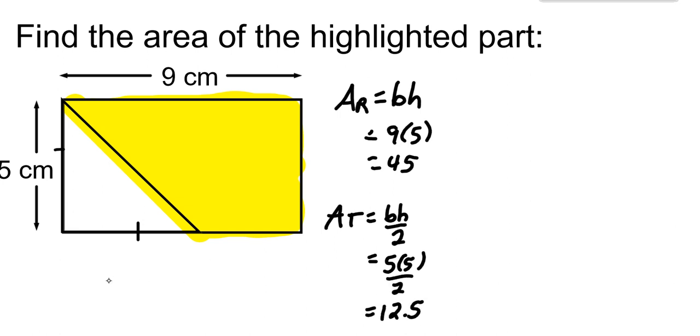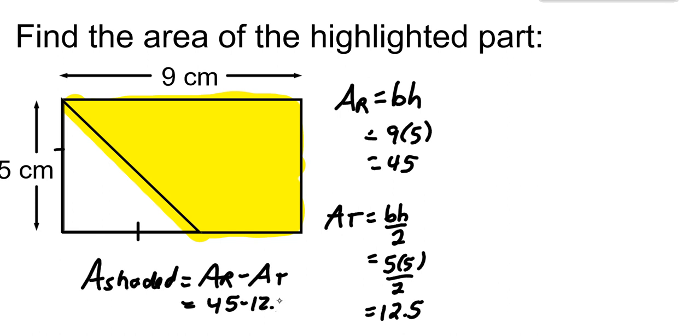And then to get the area of the shaded region, you can just do the rectangle minus the triangle. And you're going to get 32.5. And then don't forget your units, centimeters squared. So that's your final answer for the area of the shaded region.